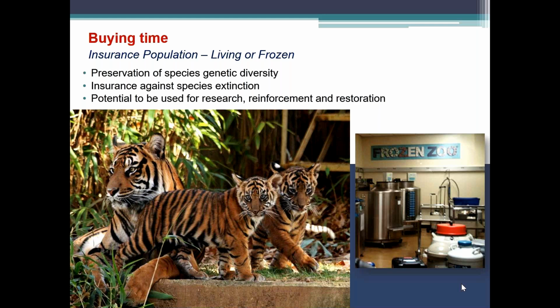They're an insurance policy against extinction in the wild. And if you have an insurance population, it might also have the potential to be used for some of these other purposes that I've described earlier. An insurance population can be a cryopreserved frozen zoo or gamete bank, as well as a living population.